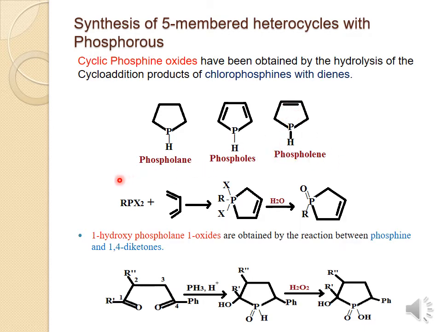Moving on to preparation, we are preparing the different types of phosphorus compounds. It can be the phospholane, phosphole or phospholene compounds.